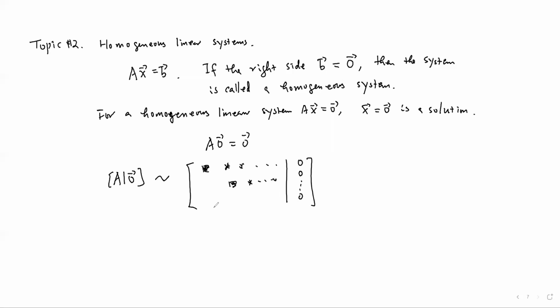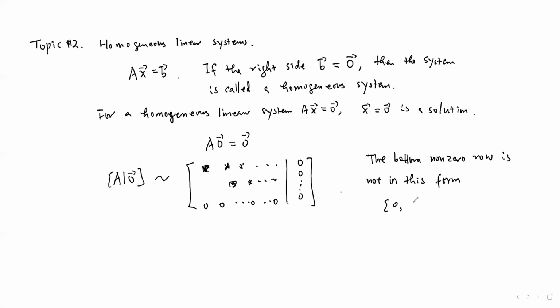Maybe some bottom rows are 0. When you reduce the augmented matrix to echelon form, the bottom non-zero row is not in this form.